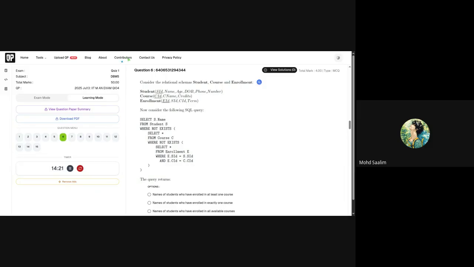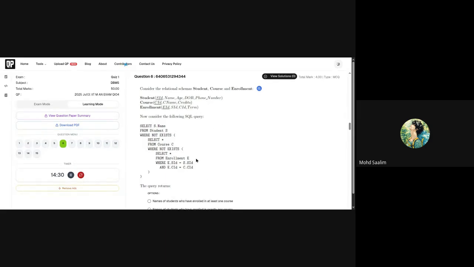So I tried to simplify it by using simple general names. I don't know if it was helpful for you, but if you see the query now, you will clearly understand what is happening. There is an enrollment selection, and this selection's not exists will be true when there is no enrollment.